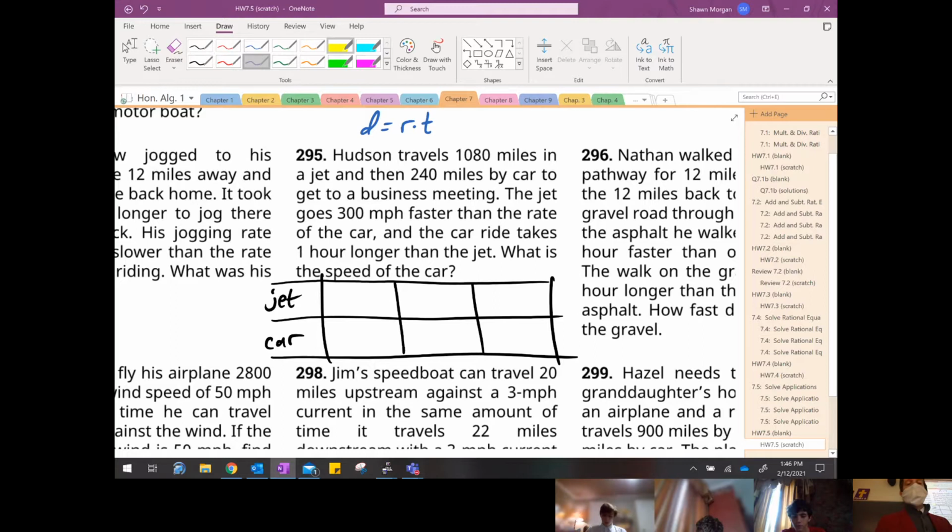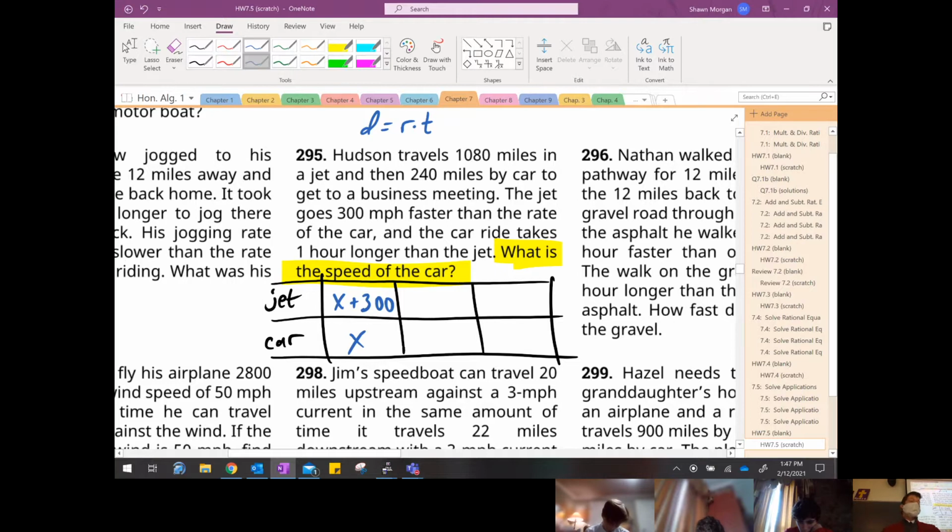The question asks what's the rate of the car, so why wouldn't I just say, let X be the rate of the car? So how would I express the rate of the jet, the speed of the jet? If the car's going X and the jet's 300 faster than that, X plus 300. You see how the puzzle's starting to take shape, guys?